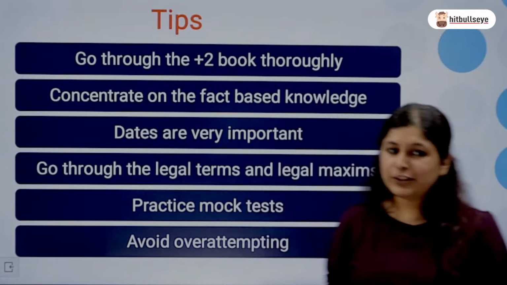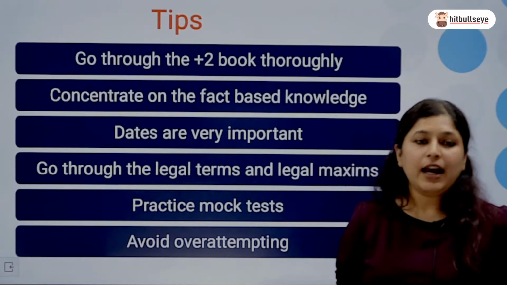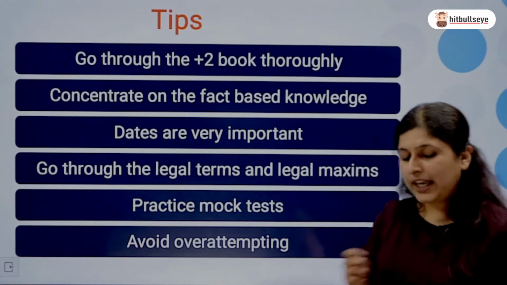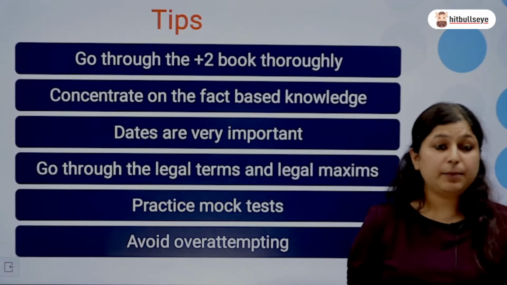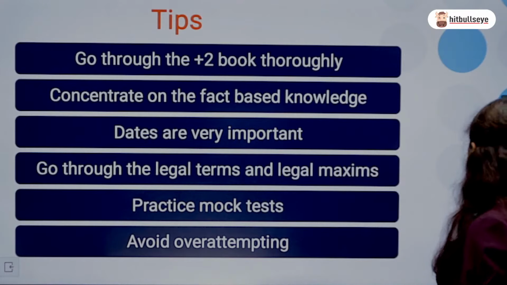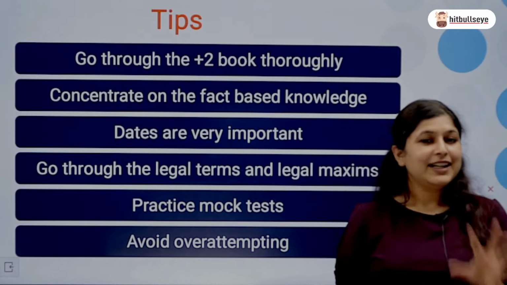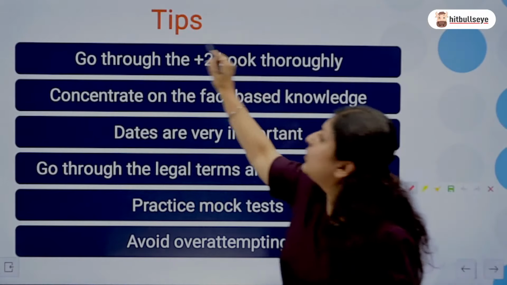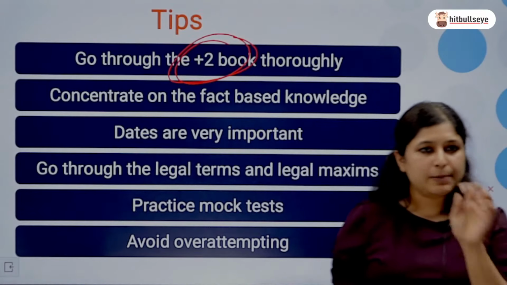Let's now get to the part where I'm going to talk about some of the tips and tricks on preparing, and some last minute tricks that you can use when you're actually solving that paper. So first and foremost, the most important part is that you have to ensure that you go through the +2 book completely thoroughly, in absolute detail.